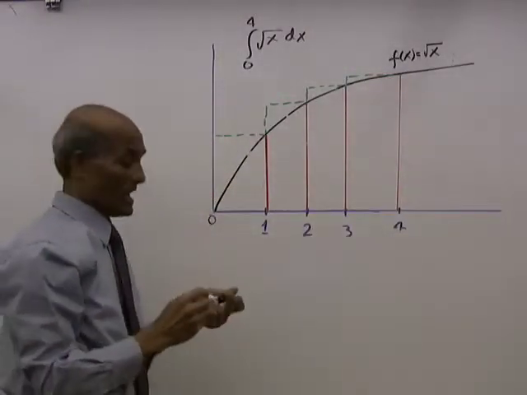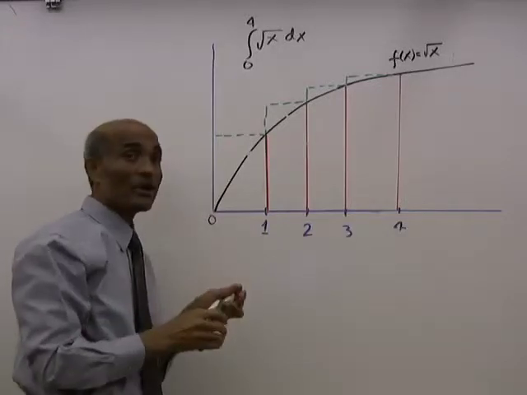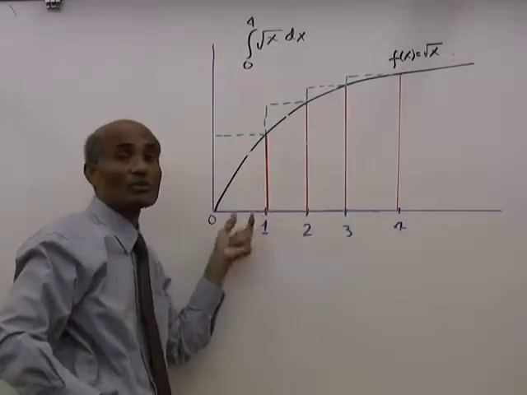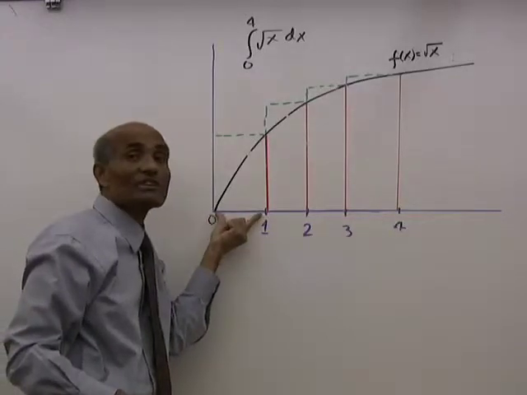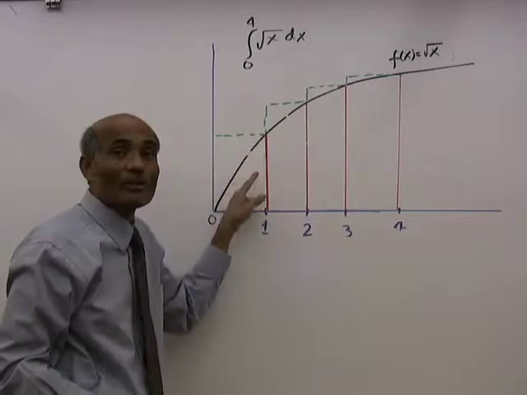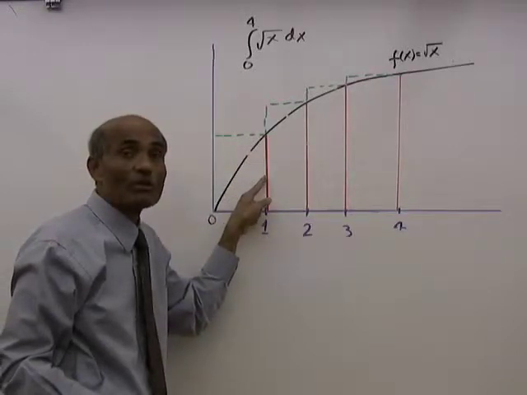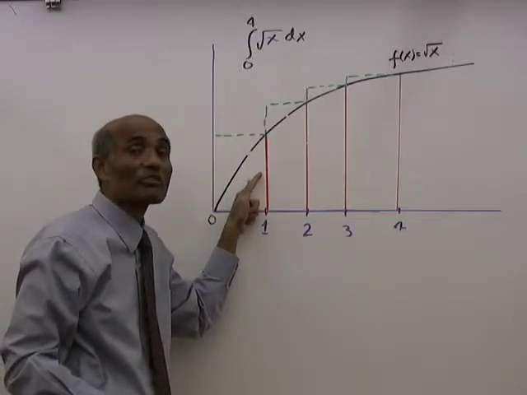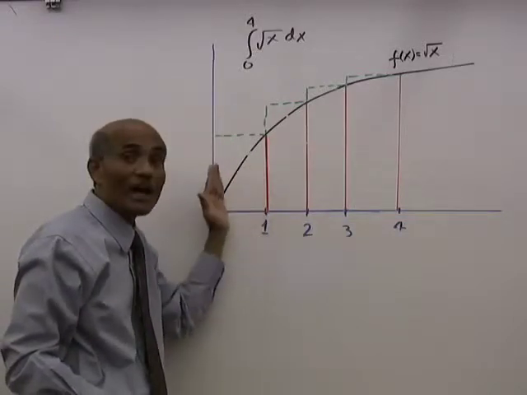All right. Now, if you look here, in order to calculate the area of each of these rectangles, we want the width and the height of the rectangle. The height of the rectangle is different on the right and on the left.